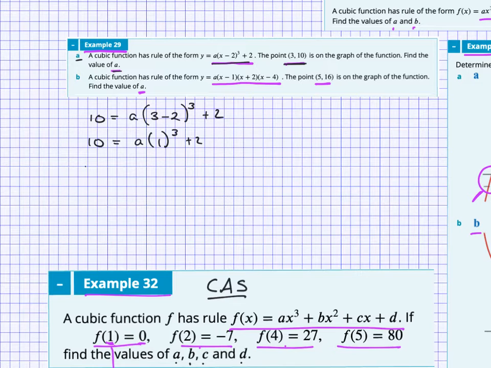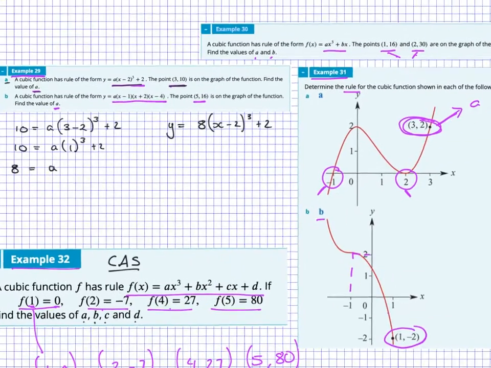I'll move the 2 across, so I end up with 8 equals A, because 1 cubed is 1, and there's A. So the last thing I need to do is to substitute this back into the initial equation in place of A. And the reason I do that is because I'm being asked to find the value of A in the context of the equation. All right, I won't bother with B for that one.